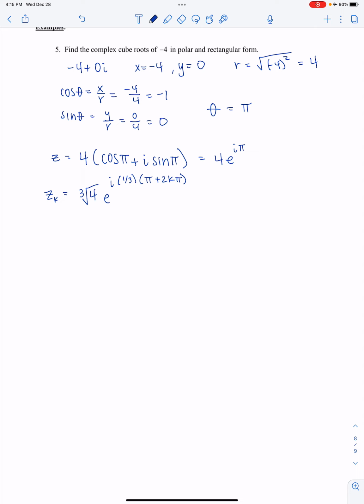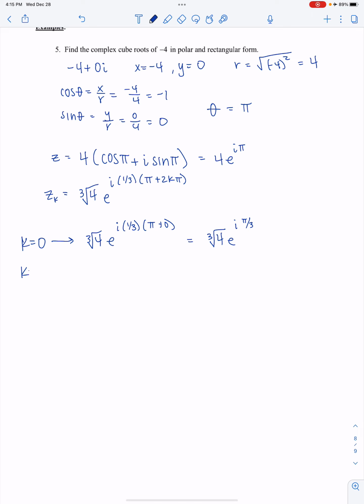We're looking for the cube roots, so we're looking for 3. So first we'll start with when k is 0. We have the cube root of 4, e to the i, 1/3, pi plus 0, so just pi. So pi times 1/3 will give us the cube root of 4, e to the i pi over 3.